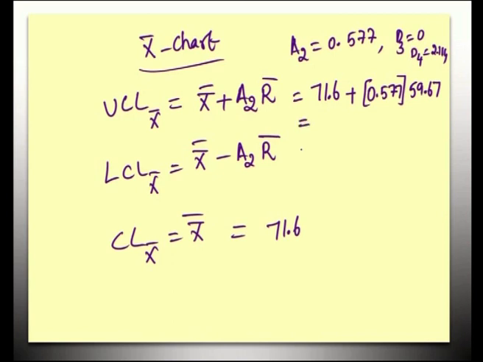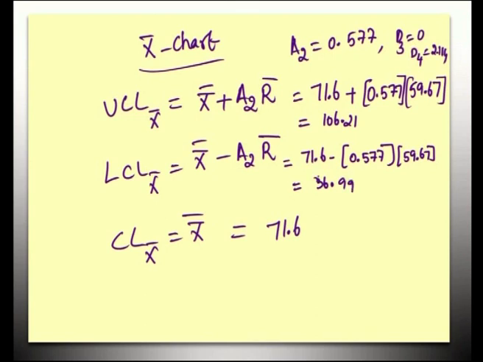So, 71.6 plus 0.577 into 59.67 is 106.21. Similarly, here 71.6 minus 0.577 into 59.67, the value is 36.99.